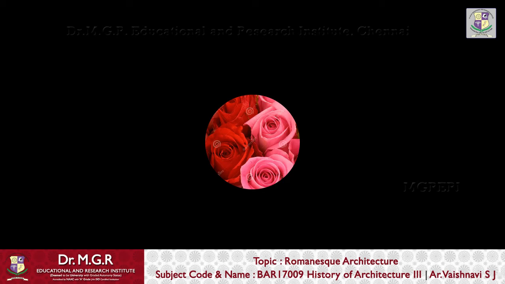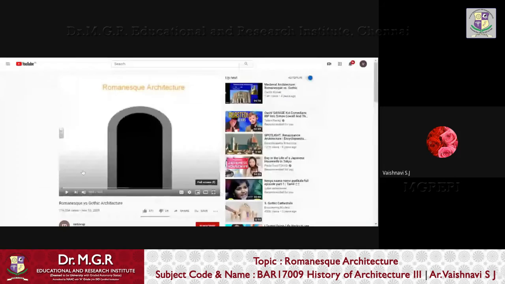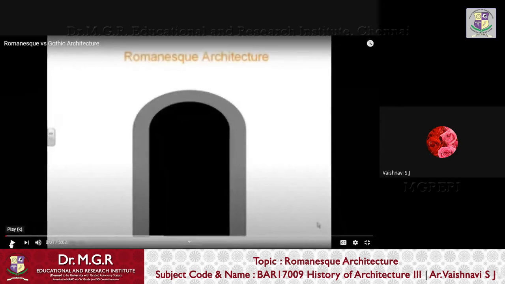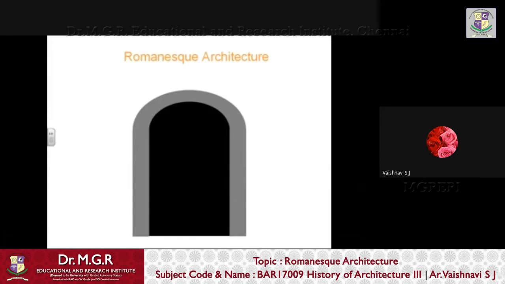This is about Romanesque versus Gothic. So in this video, they'll be pointing out a few points which differ between Romanesque and Gothic. In the Middle Ages, cathedrals were built in two types of architecture. First Romanesque and then Gothic architecture. So let's talk about the differences.